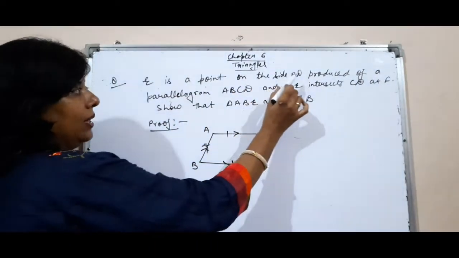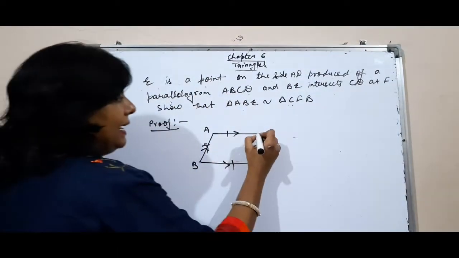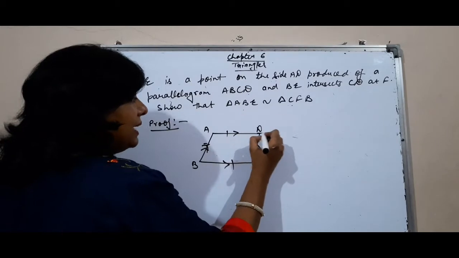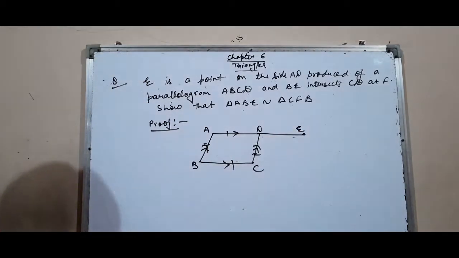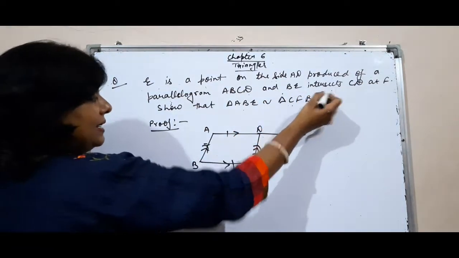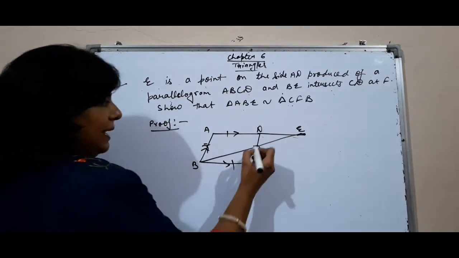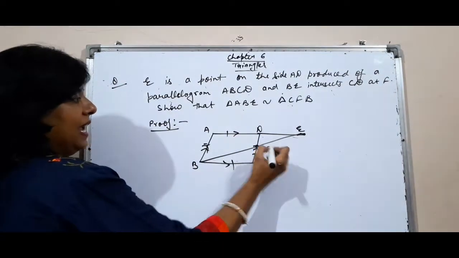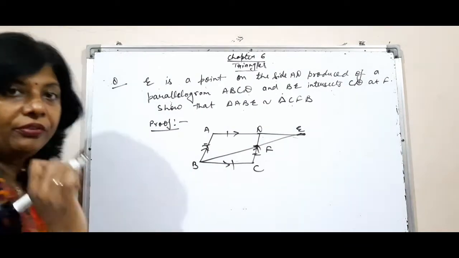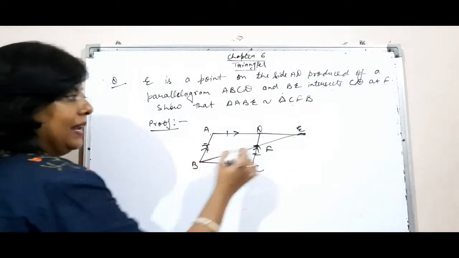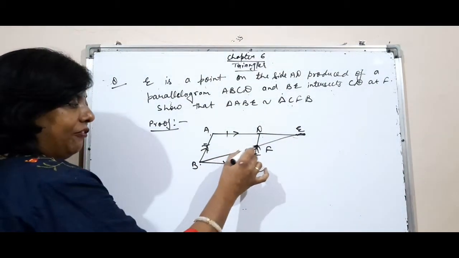E is a point on the side AB produced of a parallelogram ABCD. Side AB. When we produce side AB, E is a point on it. And BE intersects CD at F. Where it intersects, it is the point F. You have to prove triangle ABE is similar to triangle CFB.